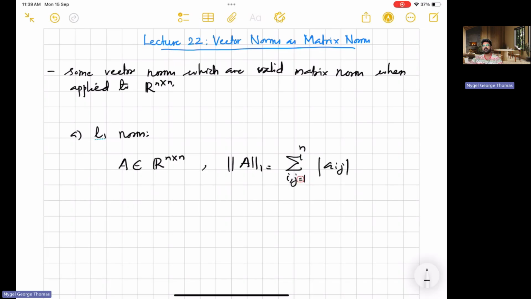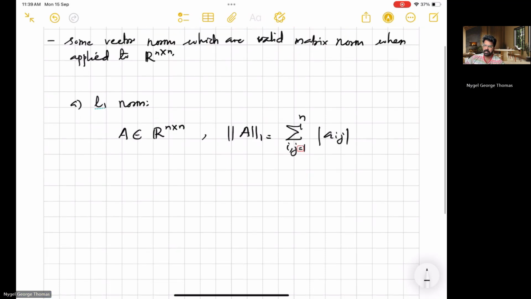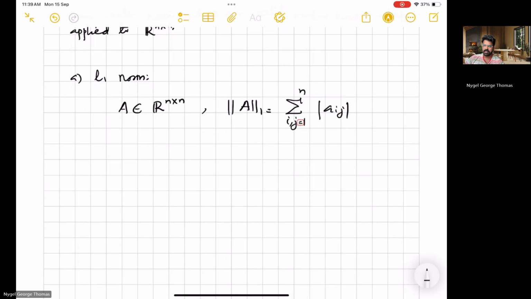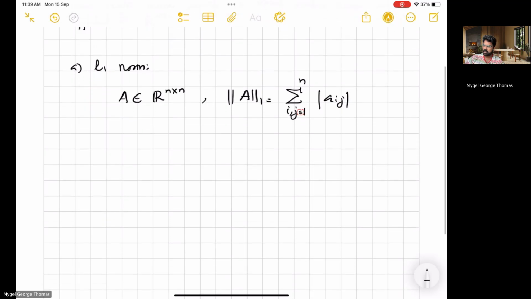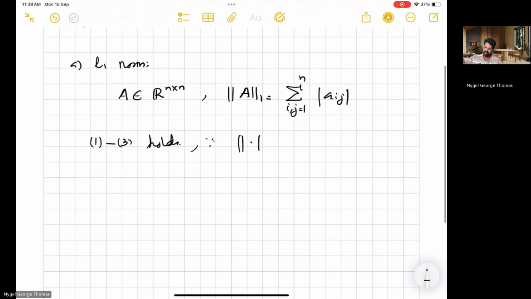So we are basically taking the modulus of all the elements of the matrix and adding them together. Is it a valid matrix norm? Let's see. Properties 1 to 3 hold because this is a vector norm. We don't have to prove it.